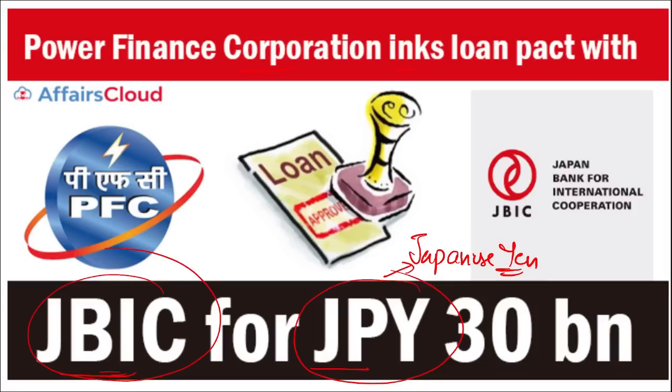So remember, let's read this again. Power Finance Corporation inks loan pact with Japan Bank for International Cooperation for 30 billion Japanese yen. This loan agreement was signed by Ravindra Singh Dhillon, who is the Chairman and Managing Director of PFC, and Kusube Go, who is the Director General of the Social Infrastructure Finance Department.